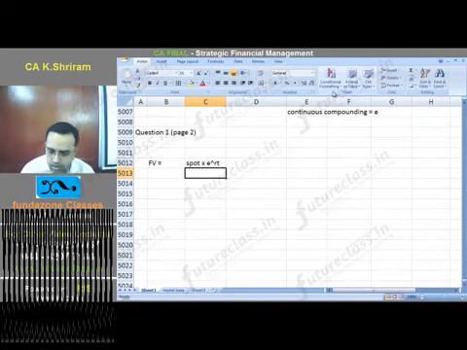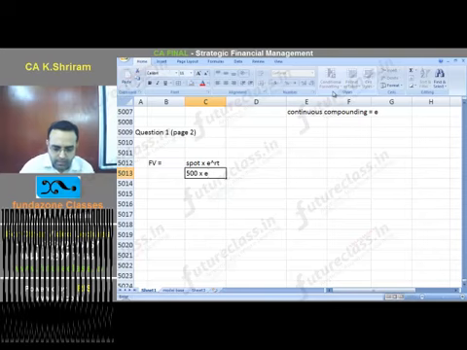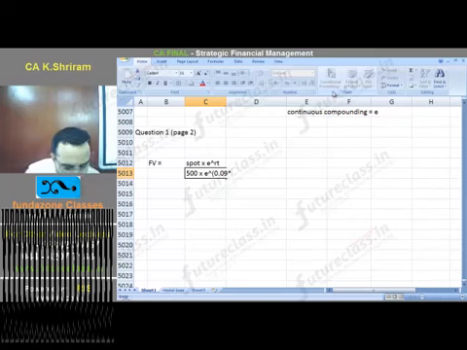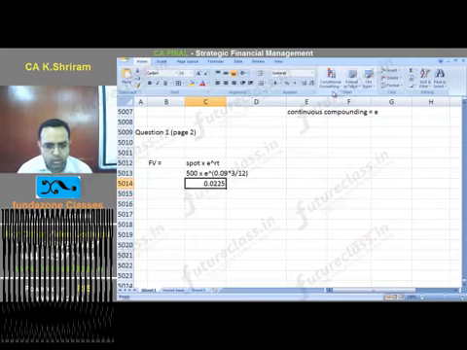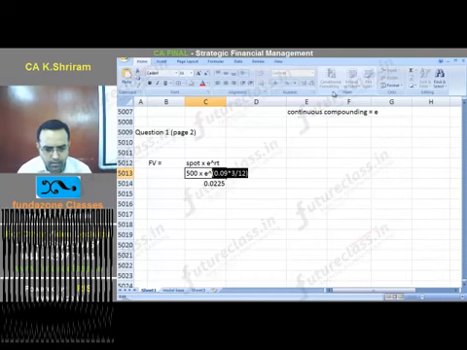Spot is 500 into e power R, which is 9%, into T, which is time. How many months? 3 by 12, which is 0.0225, correct?